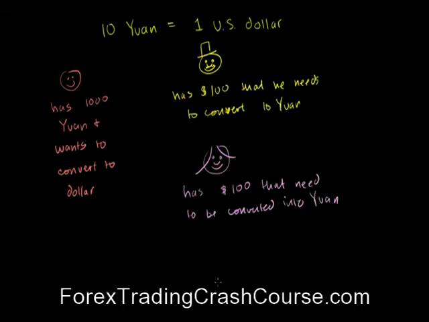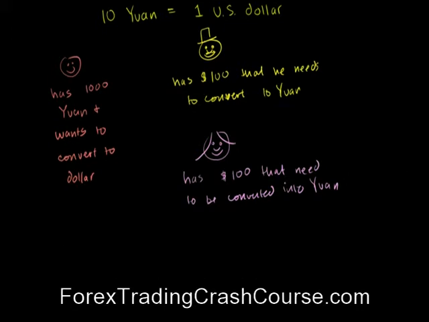What's the total demand to convert yuan into dollars and dollars into yuan? Well, if you look at the whole market, you have $200 that need to be converted into yuan. So let me write this down. We have a situation where $200 need to be converted into yuan.